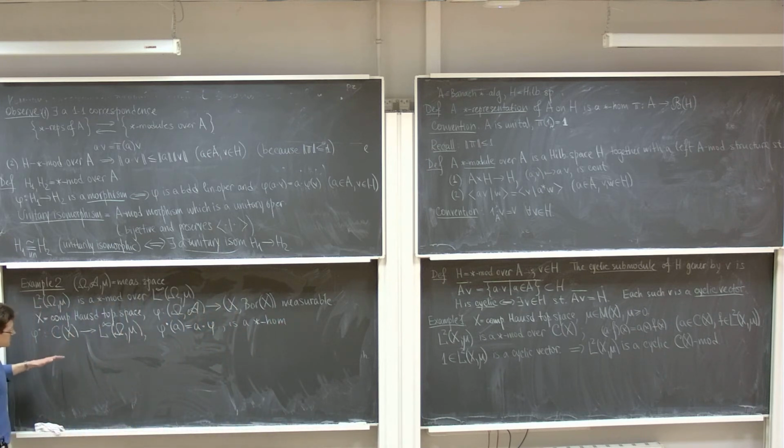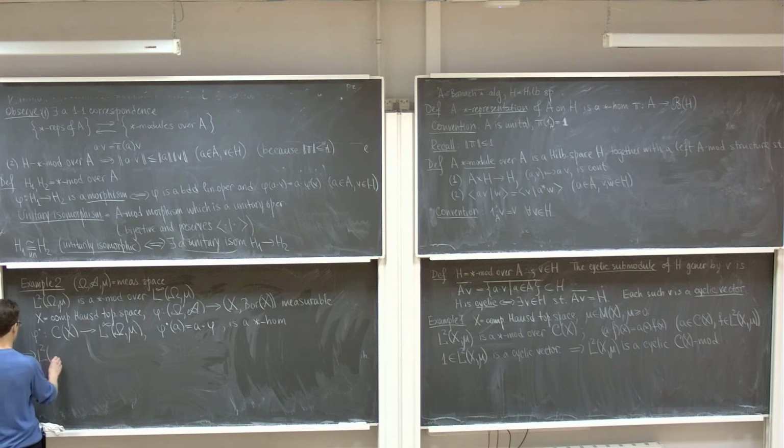So we have two star algebras, a star homomorphism between them, and a star module over the second algebra. So this homomorphism enables us to consider L2 as a star module over the first algebra.